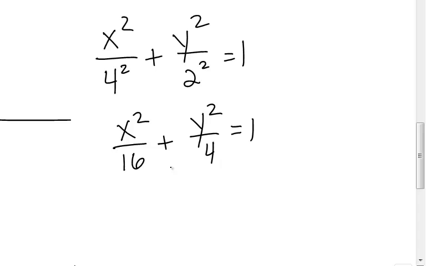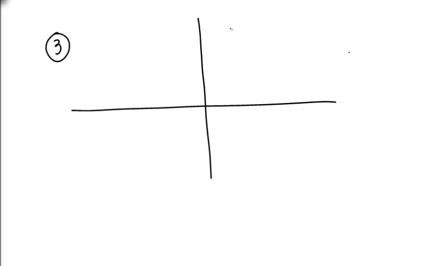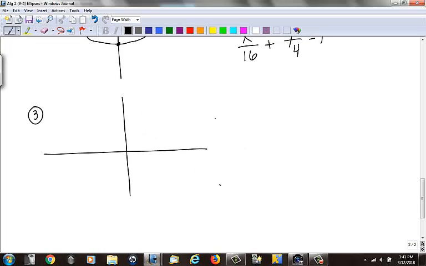Now, on both of those examples, we were at the center 0, 0. Now we're going off center. On this one, go 2 to the right and go up 3.